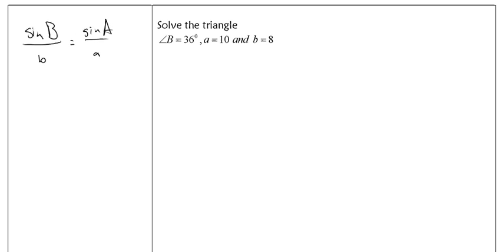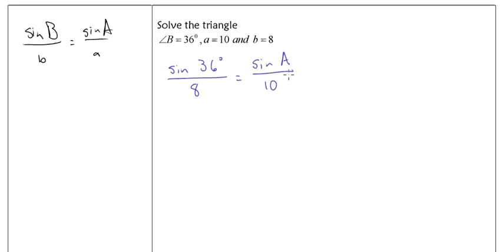There's just less work to do. And since we're going to find angle A first, because we're given side A, let's set that up. Sine of 36 degrees divided by side B, which is 8, equals sine of A over side A, which is 10.